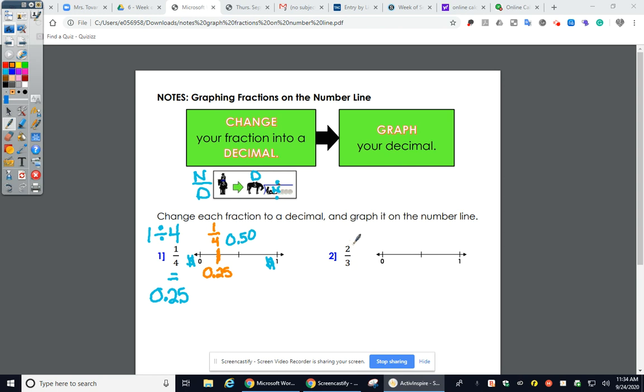We're going to change our fraction to a decimal, but let's first label what we know. We know that if this is $0 and this is $1, in the middle would be our 50 cents, or our 1/2. Okay, let's go ahead and divide 2 divided by 3 in our calculator, and let's see what we get.